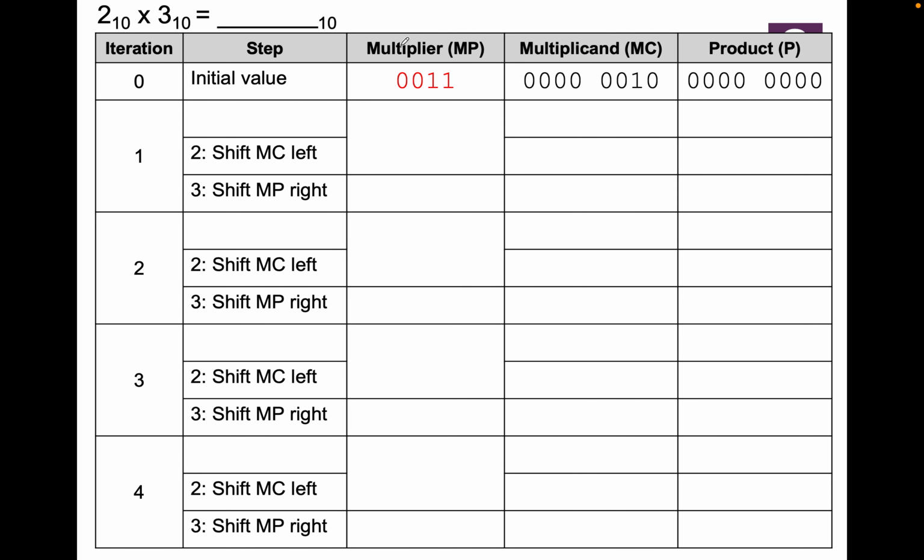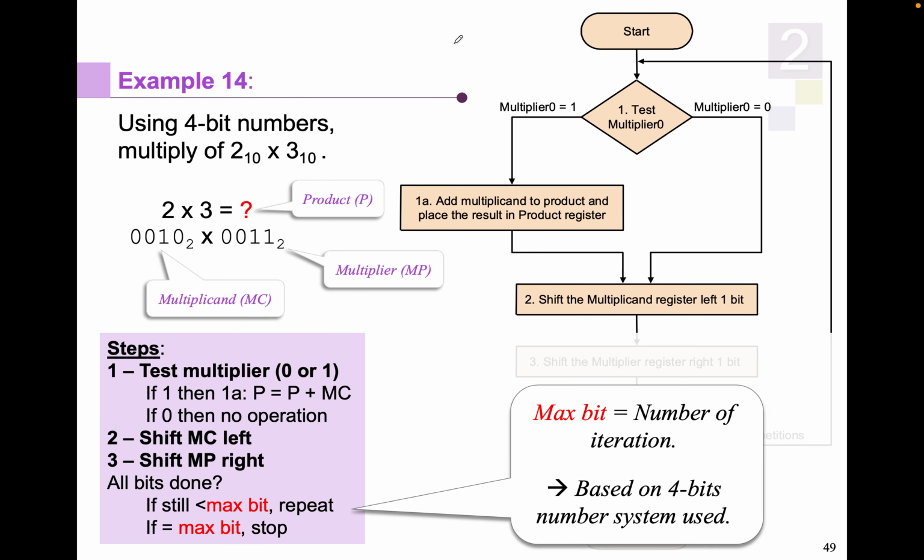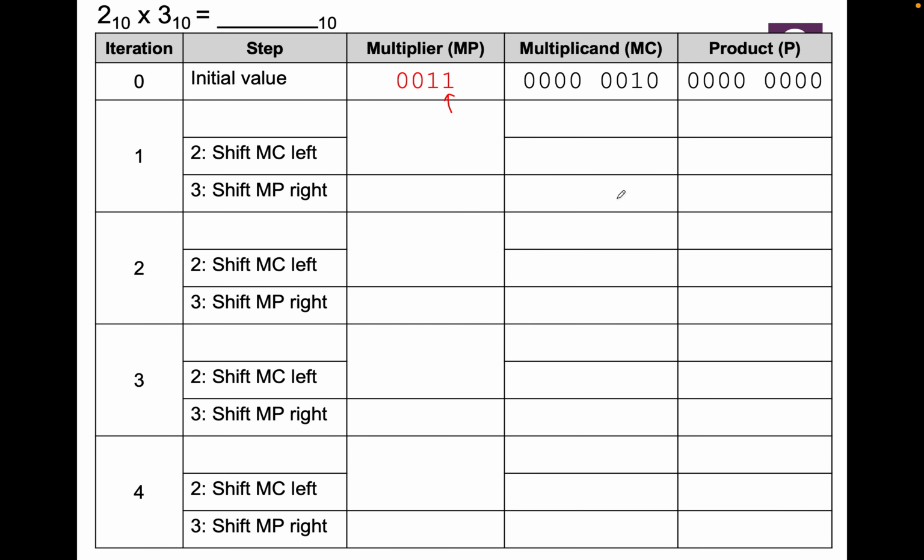Now we have the multiplier, and bit 0 is 1. Because it is 1, we need to add the multiplicand to the product and place the result in the product register. This is the multiplicand.